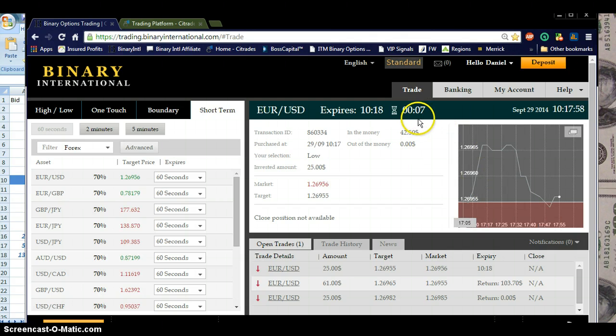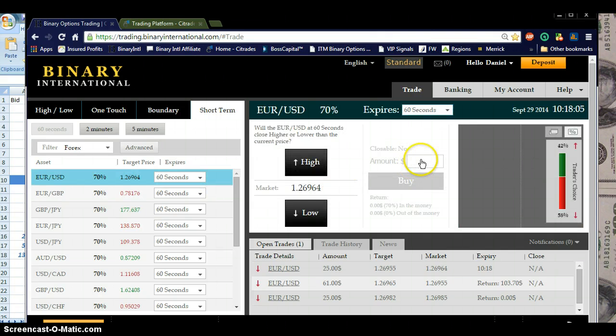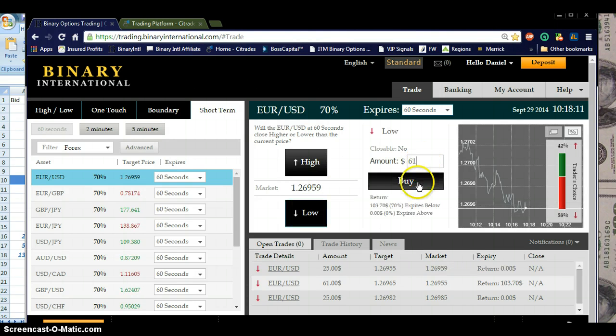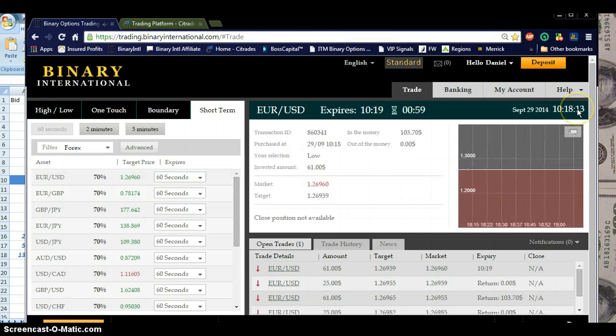All right, we've got a few seconds left. I'm going to do a recovery trade of 61 on the low. And I continue to miss that minute mark, actually. So I missed that one. I did a recovery trade of 61.